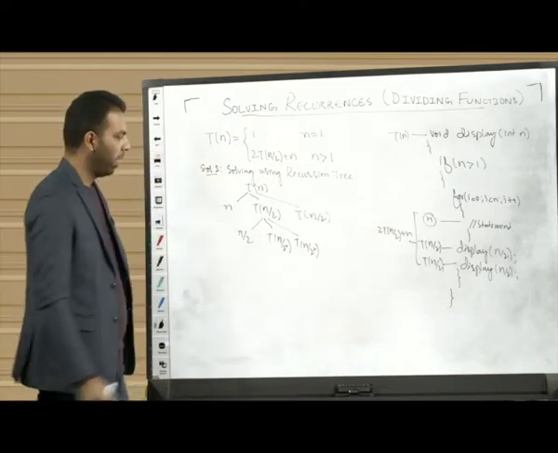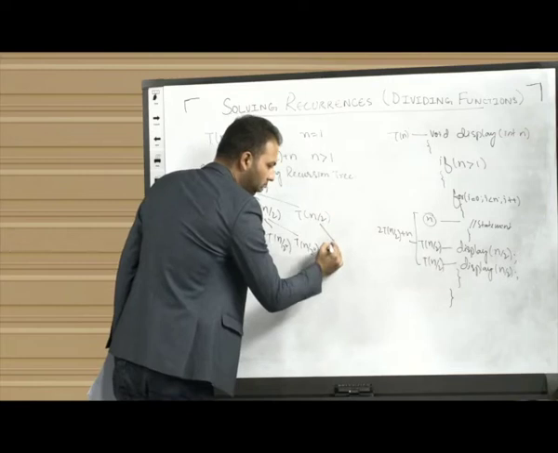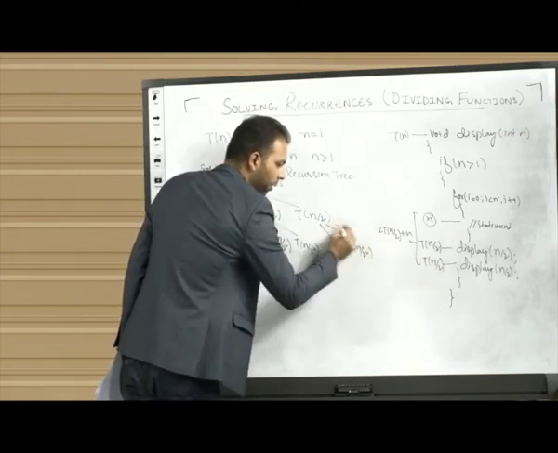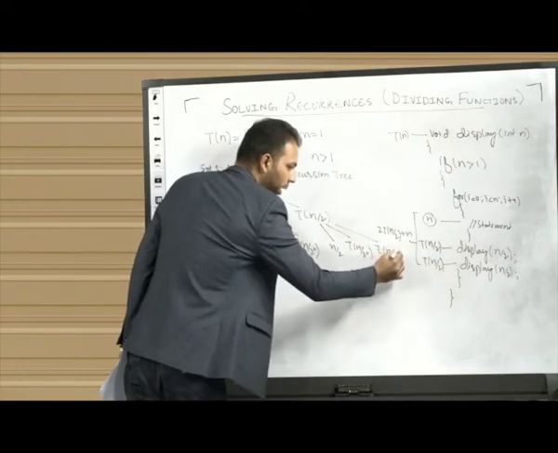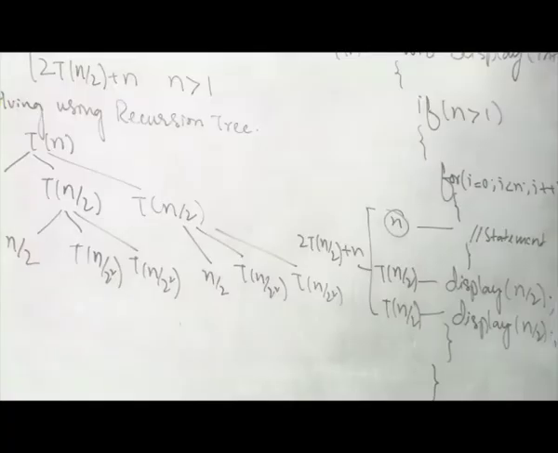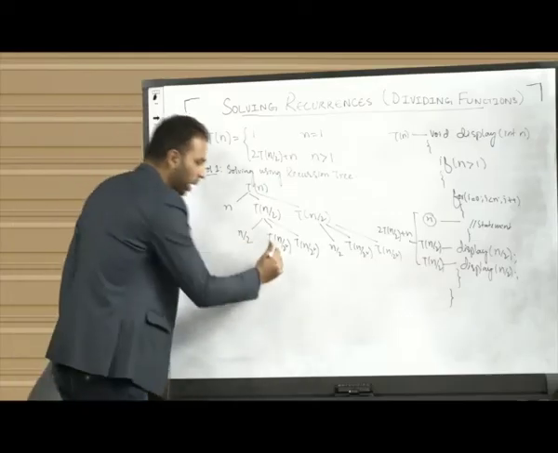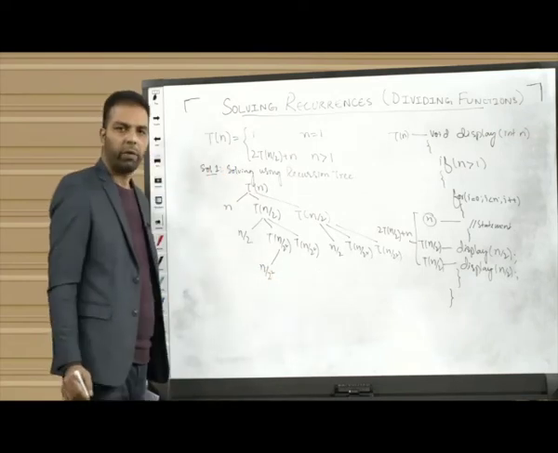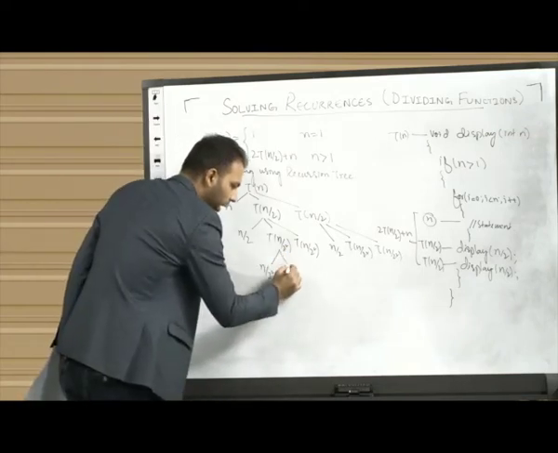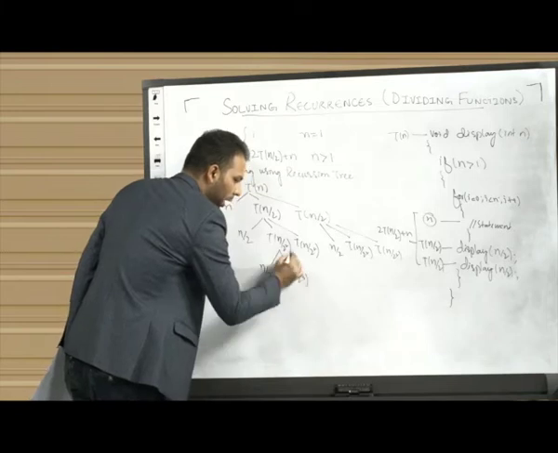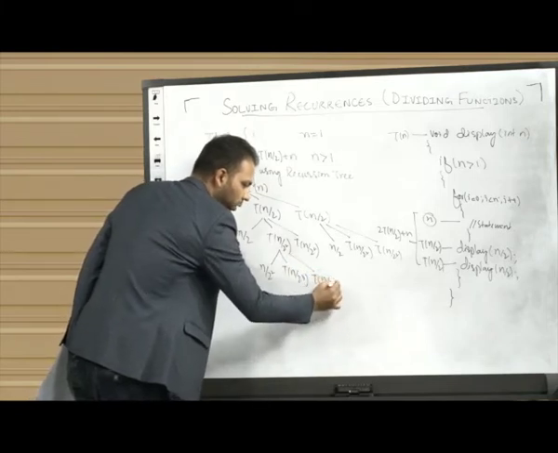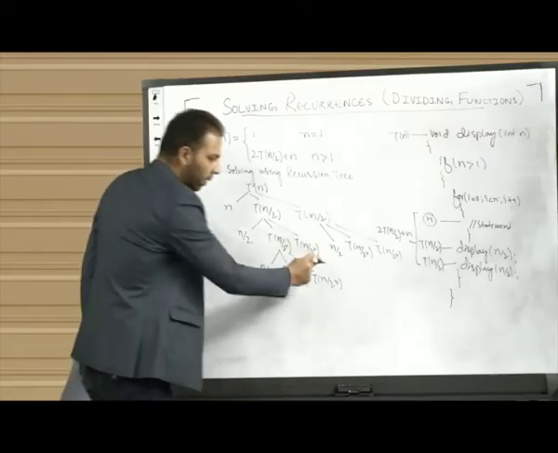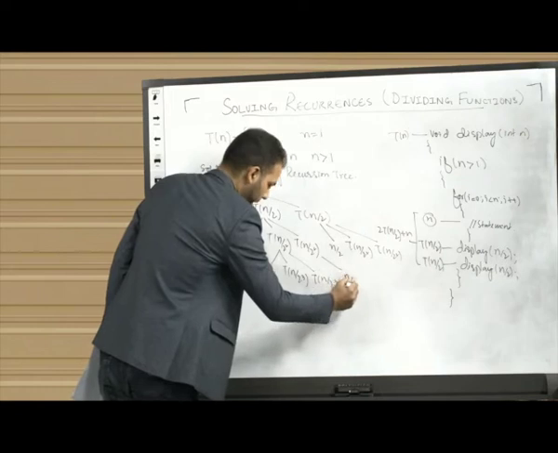Same thing will happen over here. It will go for n by 2 times, then it will call t n by 2 square, and again call t n by 2 square. Now here it will first print n by 2 square times. Then it will call t n by 2 cube and t n by 2 cube. Same will happen here, n by 2 square times.